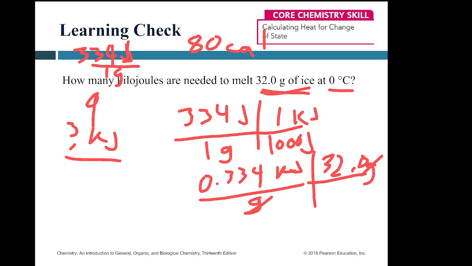Okay. So I need to get into kilojoules. I have a number here that has joules. I choose that one literally because it had joules in it. Kilojoules has joules, this has joules. Okay? That's the only reason I did it, period. Okay, and so I go 334 joules, this over 1 gram.